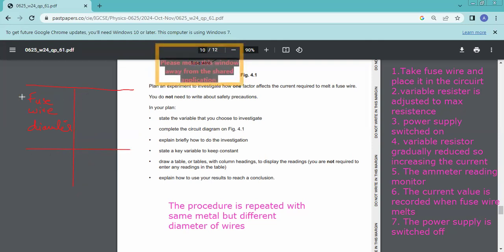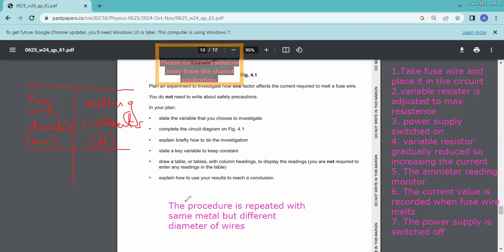The fuse wire diameter should be in millimeters and the melting current in amperes. We're not supposed to put anything in the table.